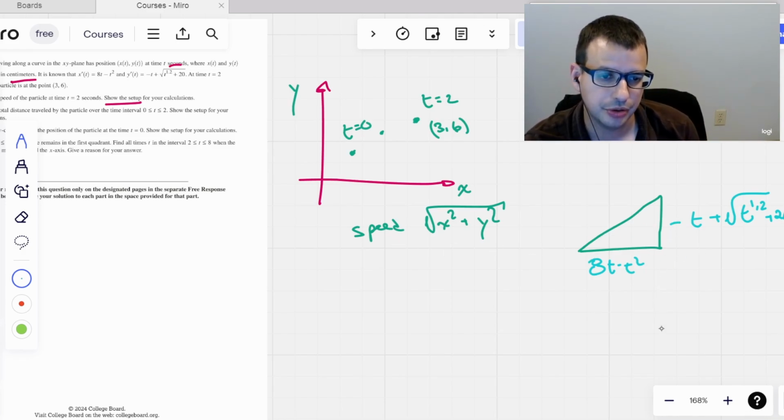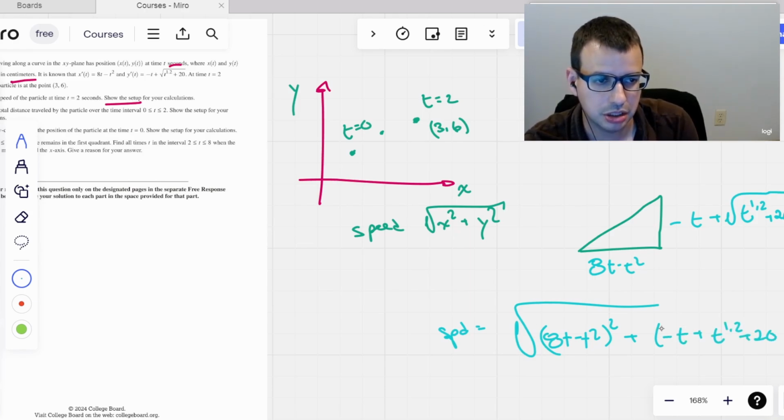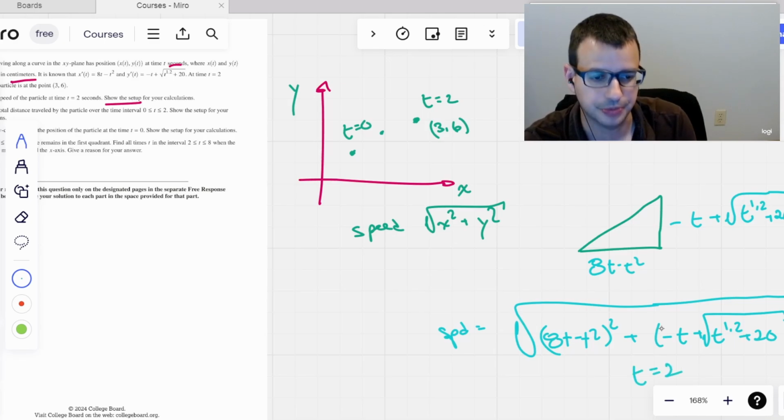We can just put this straight in the calculator. We're going to get speed equals the square root of (8t minus t squared) squared plus (negative t plus square root of t to the 1.2 plus 20) squared, and we're going to plug in t equals 2.